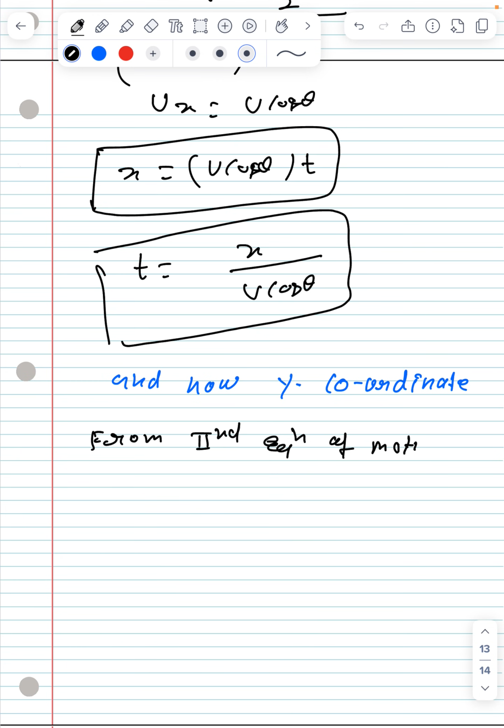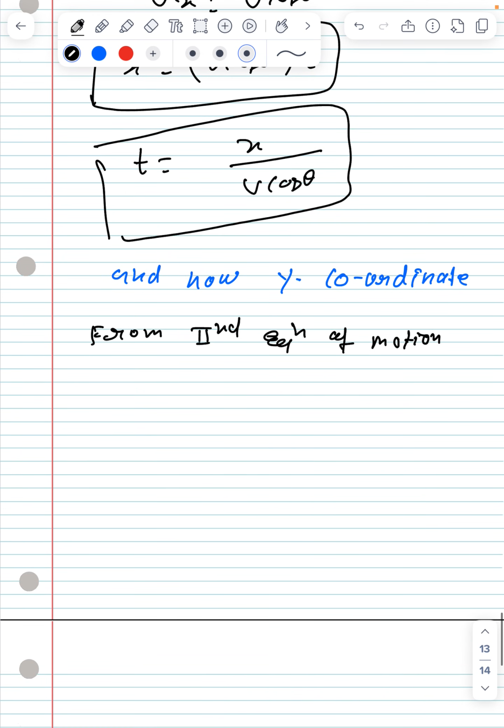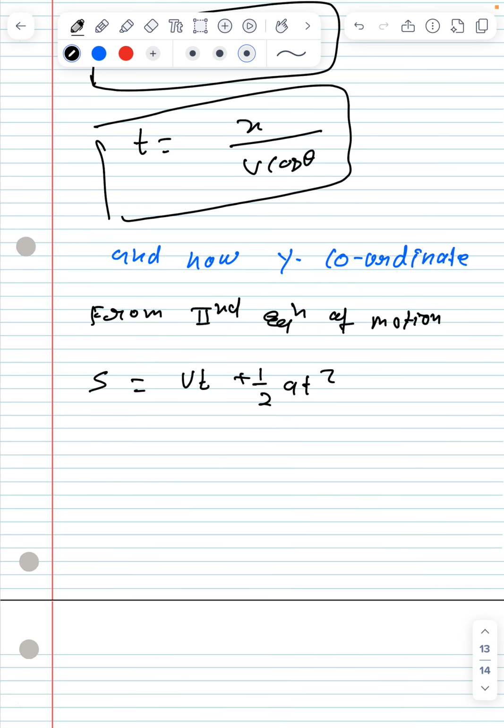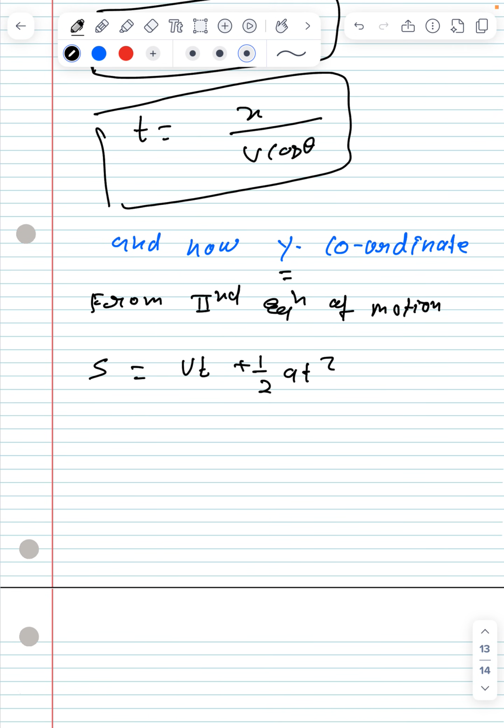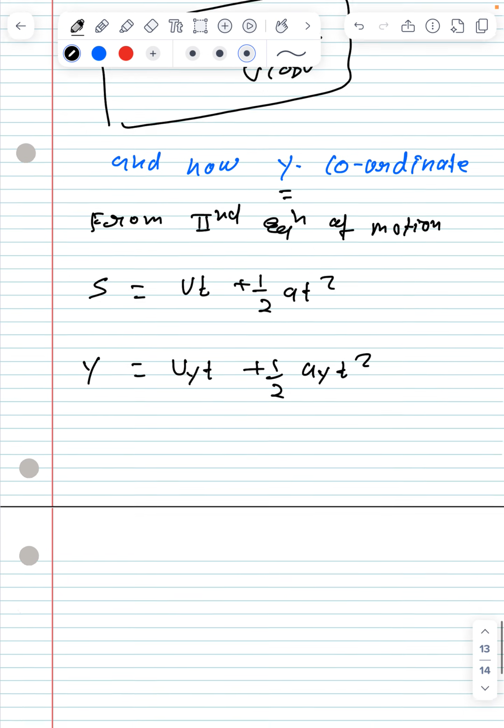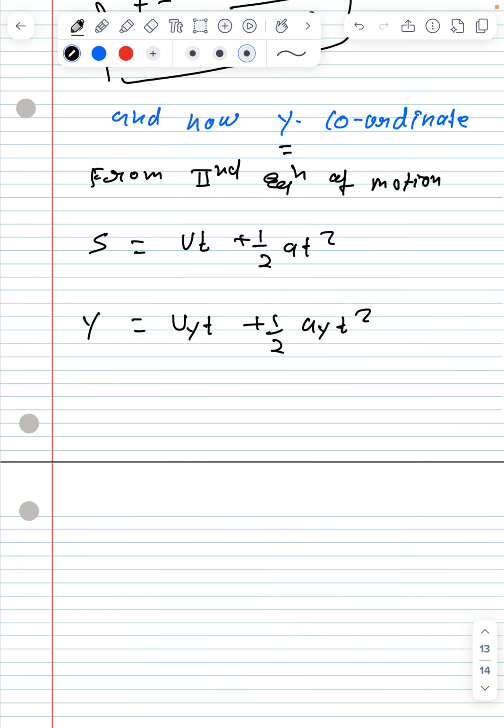And the y coordinate. For the y coordinate, use the similar second equation of motion, s = ut + 1/2 at².